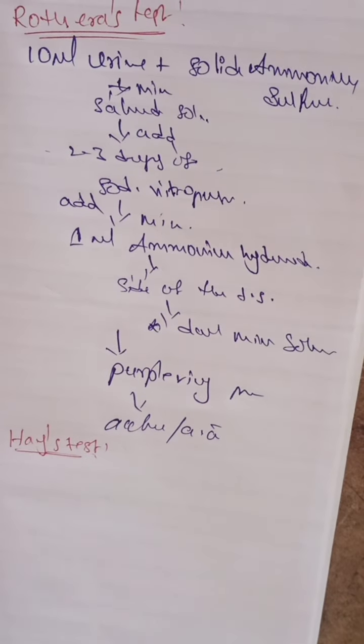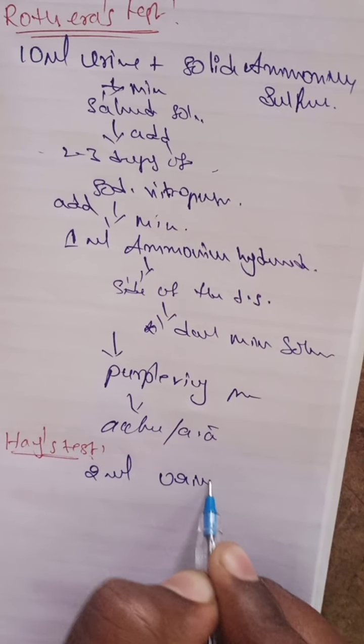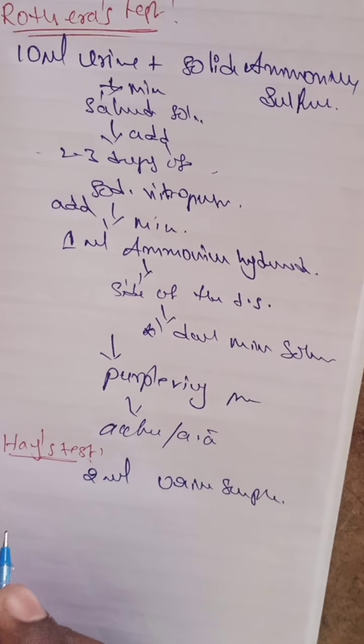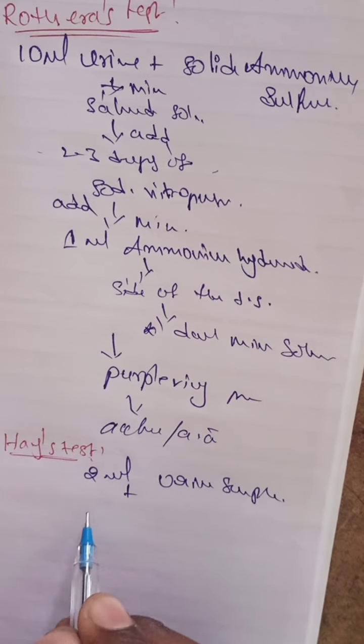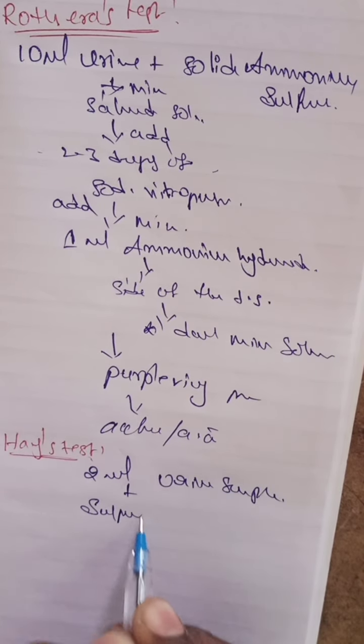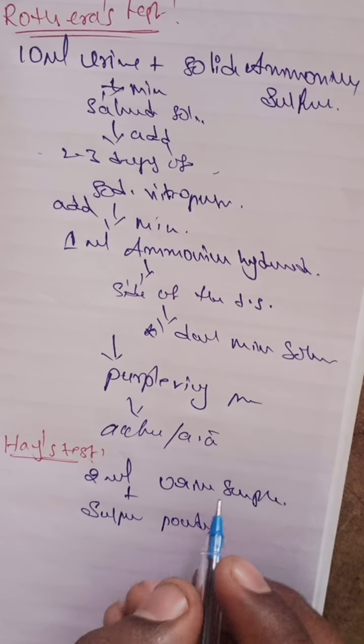In Hay's test, first take 2 ml of urine sample and sprinkle a pinch of sulfur powder, and observe without mixing.